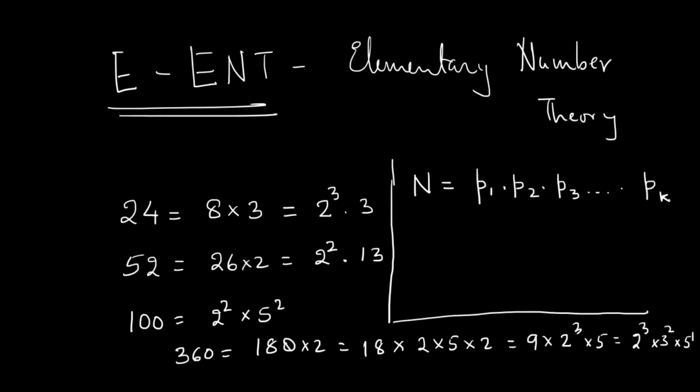Now for example, in this example we can say that p1 is equal to 2 and p2 is equal to 3 and p3 is equal to 5, and it ends at 5. Now some of the primes can be repeated, so for example 2 here is repeated 3 times, so I shall write the exponent as k1 is equal to 3 and k2 is equal to 2.